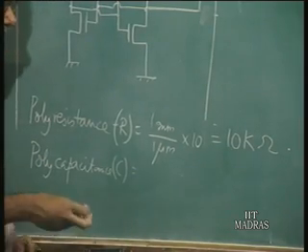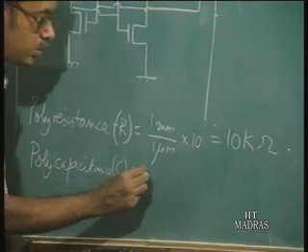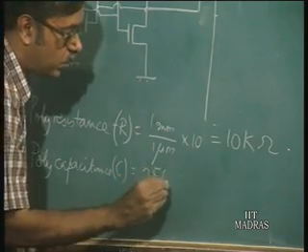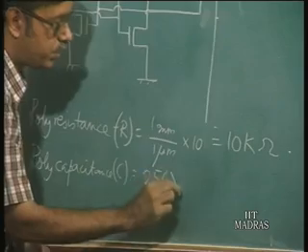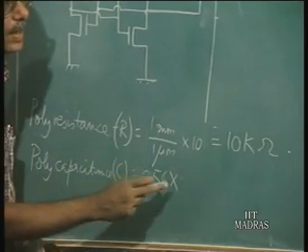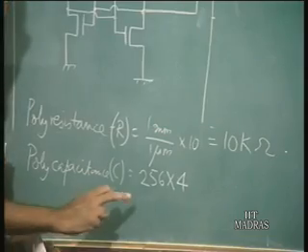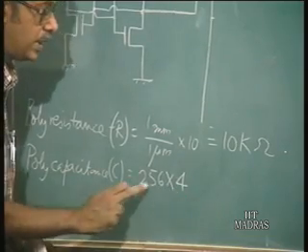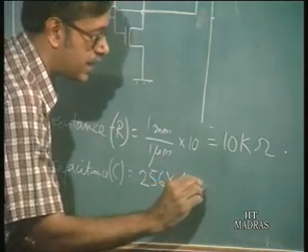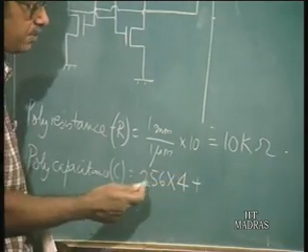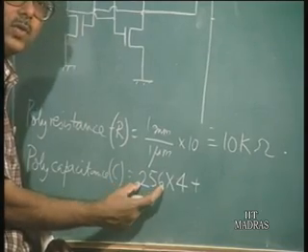The gate area is that of the 256 transistors, so 256 into 1 micron into 1 micron, that is 256 micron squared, into the gate capacitance of 4 femtofarad per micron squared. So, 256 into 4 is the total capacitance due to the gate, for 256 microns where it is running over gate oxide.